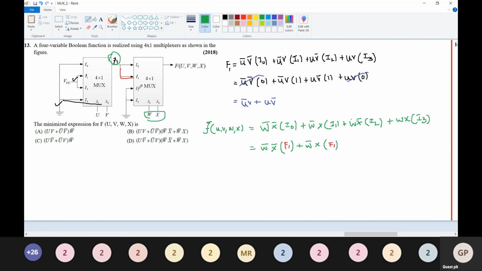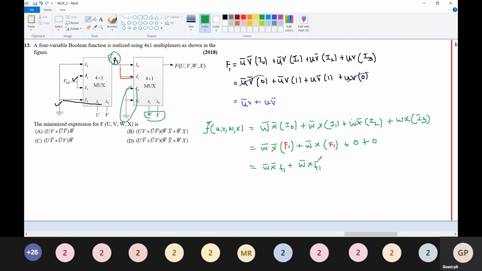And I2, I3 both are equal to 0, so plus 0 plus 0. Therefore, the expression can be further written as W dash X dash F1 plus W dash X F1.